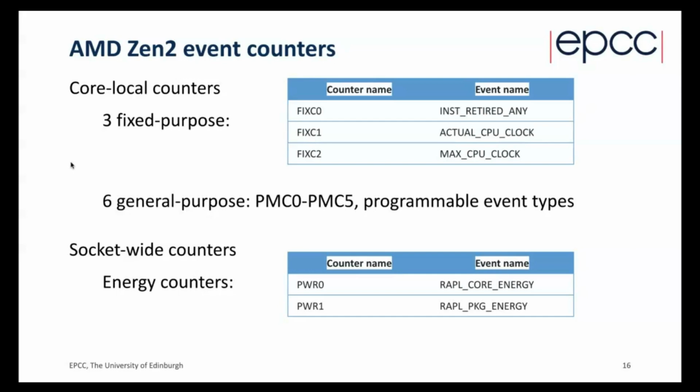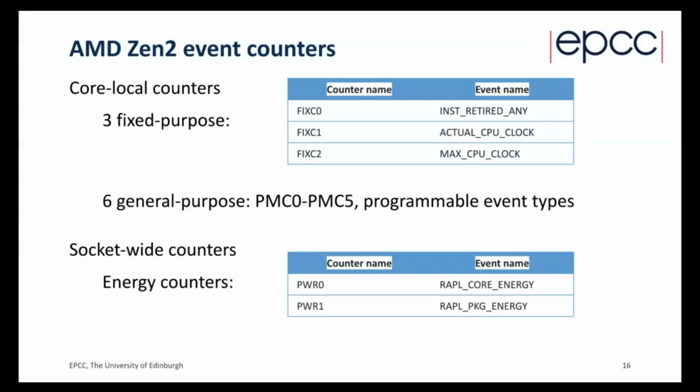There are also, in addition to that, 6 general purpose counters per core, to which arbitrary event types supported by the AMD Zen 2 architecture can be assigned. And LIKWID provides some ready-made assignments that are useful, as we will see.